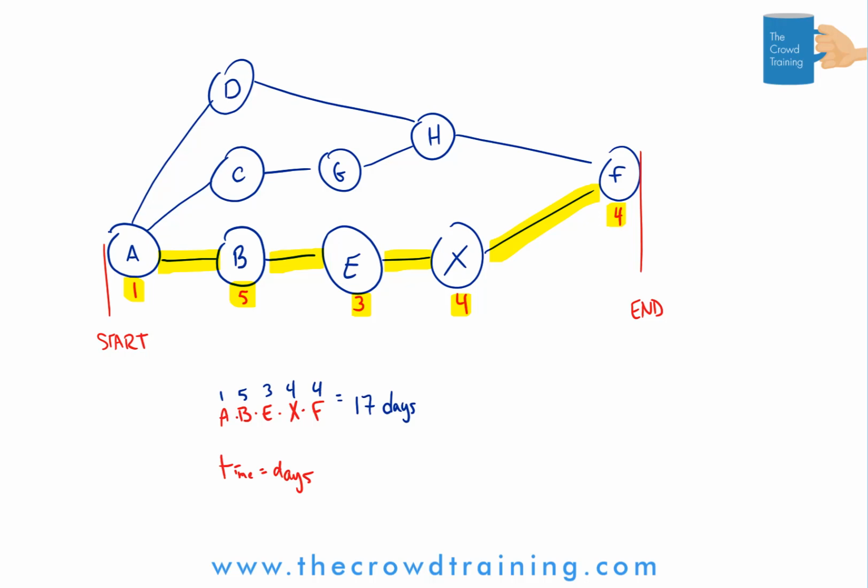We know there's 3 paths because here is another path going through the middle, and I'll use another color to demonstrate the path that goes through the top. All right, so with that, let's figure out the times of those other ones. So out of simplicity, I'll just call this path 1.